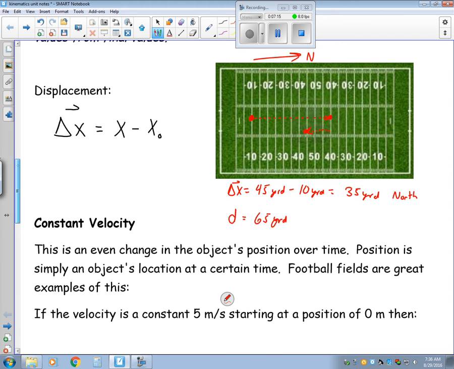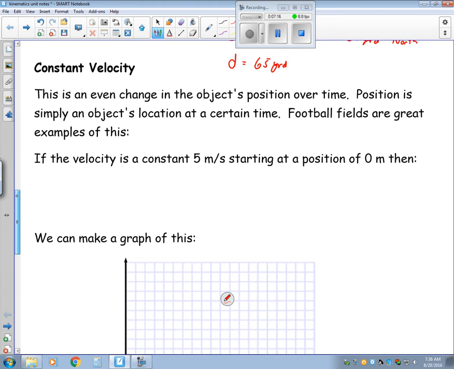All right, the next thing is velocity. And we have constant velocity. That's the first thing we're going to start with. So it's an even change in an object's position over time. Position is simply an object's location at a certain time. So again, I think football fields are great examples for this. So let's say an object has a constant velocity of 5 meters per second, starting at a position of 0.